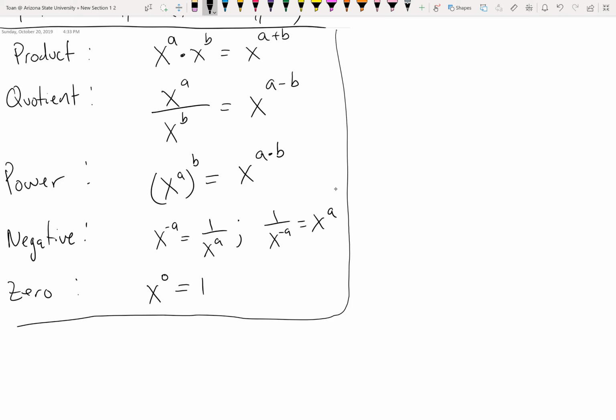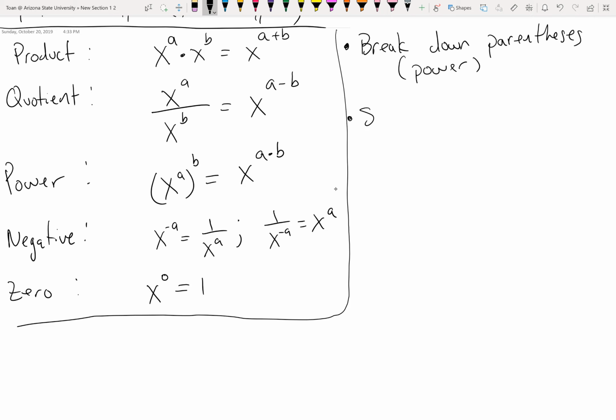So when I simplify rational expressions, I always try to break down parentheses first, typically using the power rule or the power property.